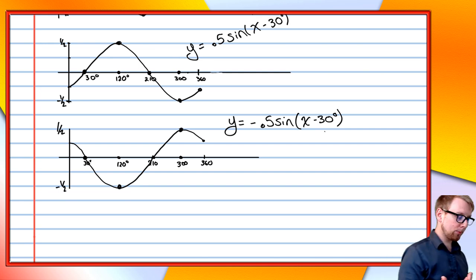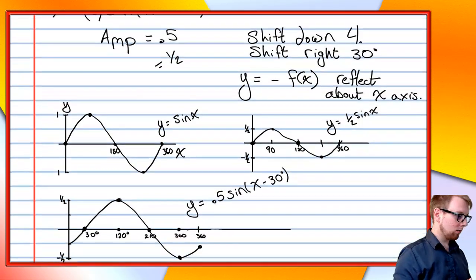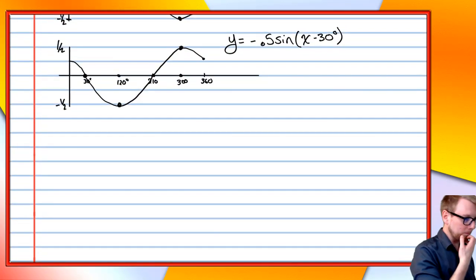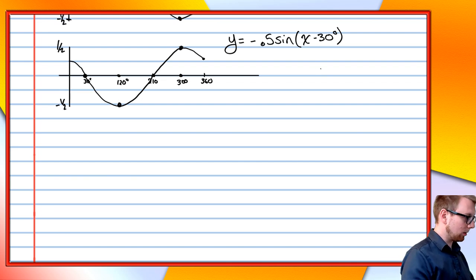And now, the last piece, you obviously know, shift down by 4. So everything has to just go down by 4 units. So, whatever was 1/2 minus 4 turns to what?